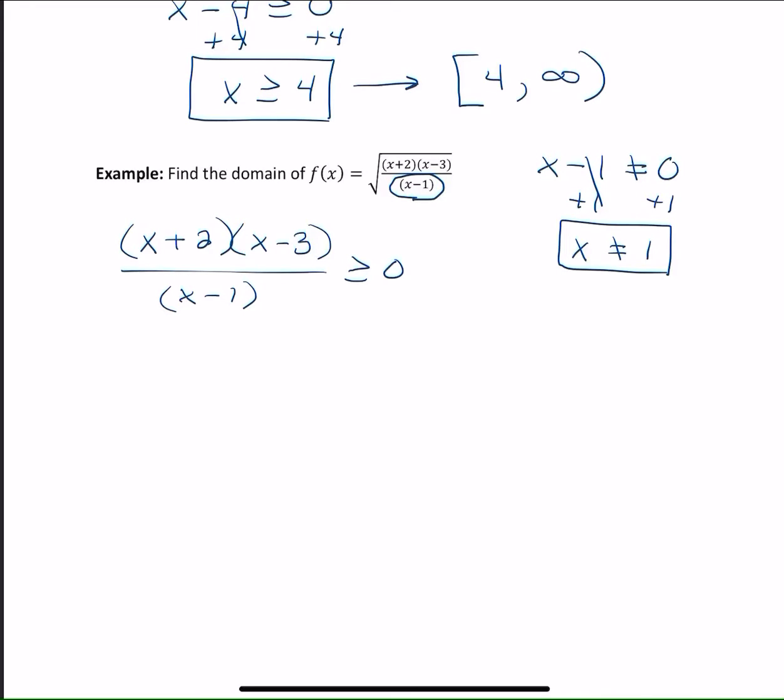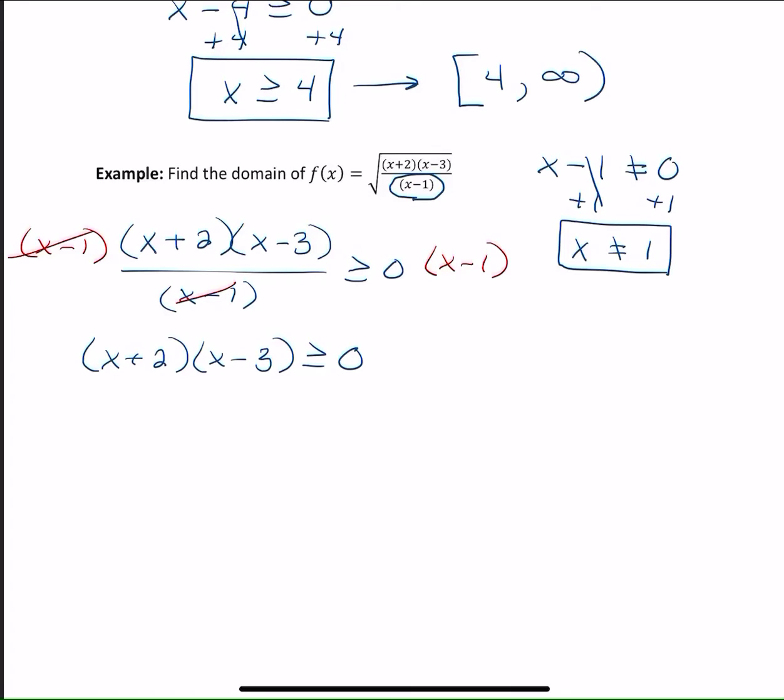Now that looks like a mess, but once you multiply both sides by the denominator, it will cancel out and it'll leave you with 0 on the right. So you end up with x plus 2 times x minus 3 needs to be greater than or equal to 0.